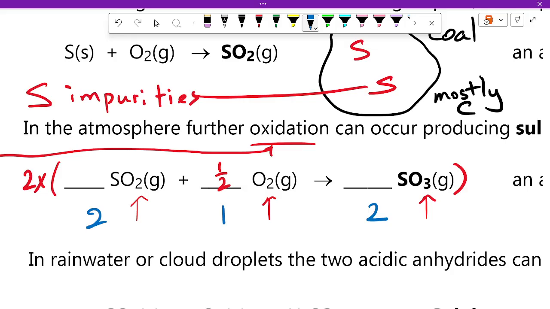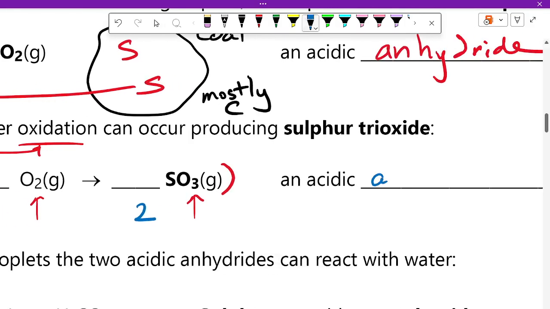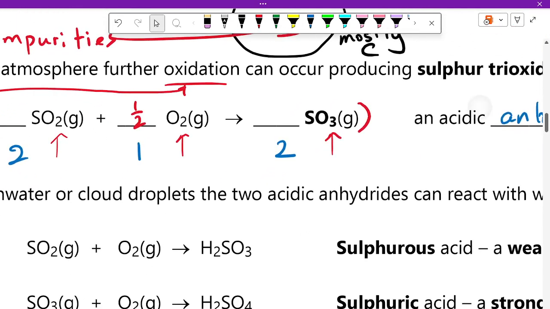So now we have 2 acidic anhydrides. Sulfur dioxide and sulfur trioxide. So we have SO2 and SO3.